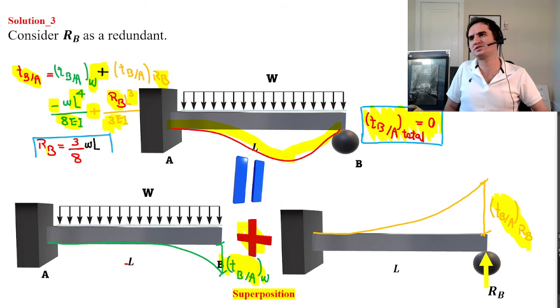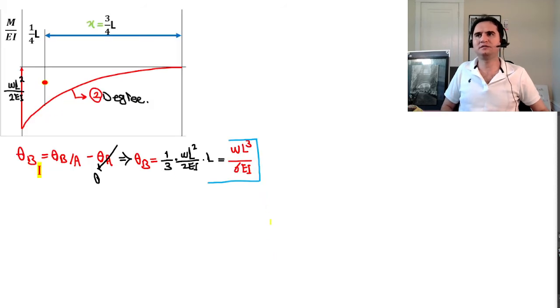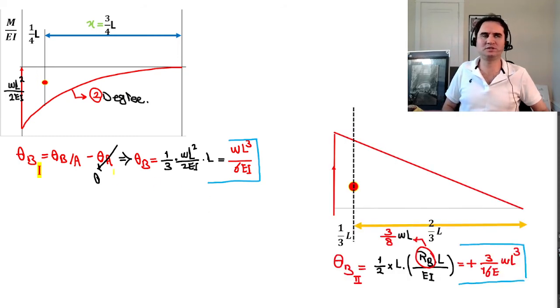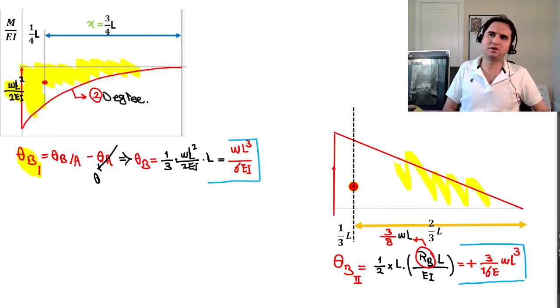So that gives us RB, the reaction at B, is 3 over 8 times WL. As soon as you know the first reaction, you can easily calculate the second one, which is 5 over 8 WL. And if you want to know the theta at B, it's just a summation of the area under M over EI for the two diagrams.